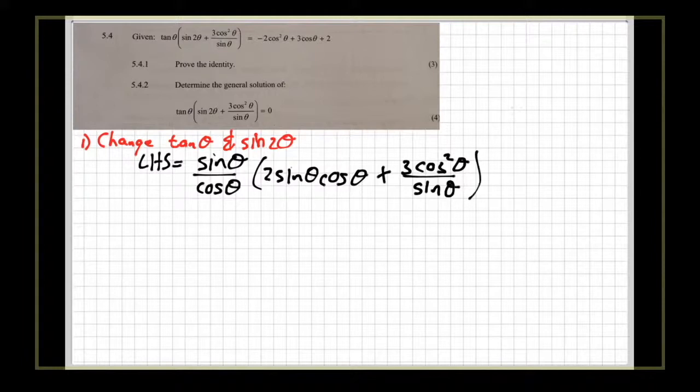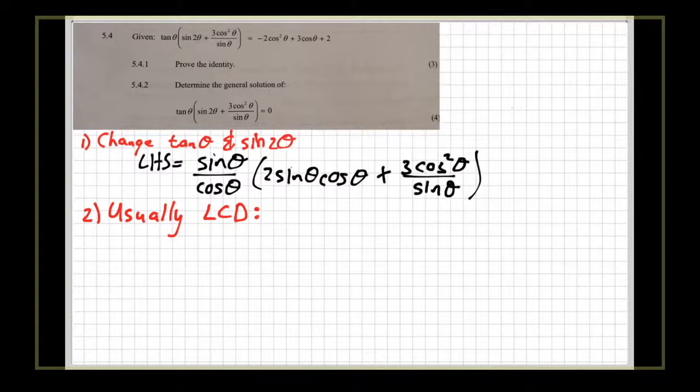At this moment, I would actually tell my students to put it over the LCD inside the brackets. But I'm going to do something a little bit different. Usually I would tell you to find the lowest common denominator, the LCD.